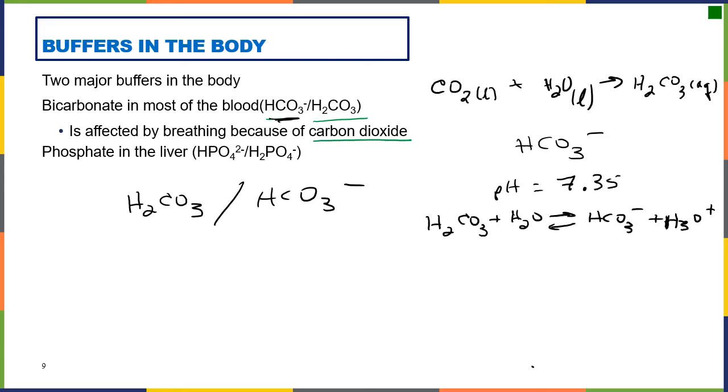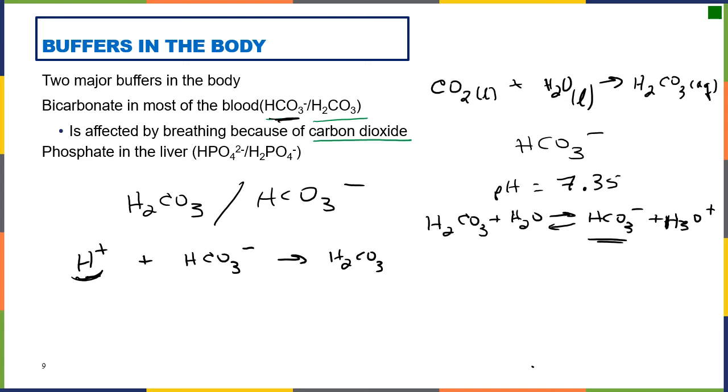So if we have our blood system and we add some H plus, our blood becomes acidic. Our body is going to fight that. Notice that this is a strong acid, so this is going to have a very large change in its pH. So if I add my strong acid, it is going to react with the portion of the blood buffer system that is basic, which is this guy, and it's going to make H2CO3.